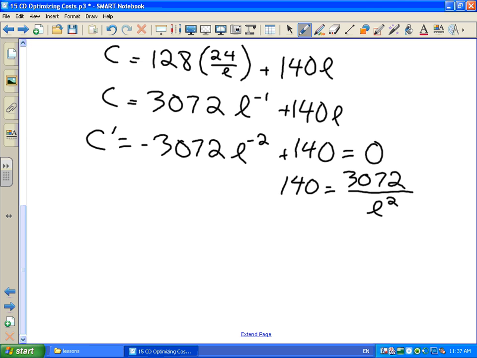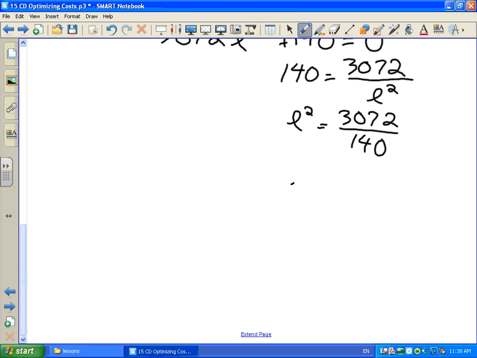And just rearranging this, that's going to get me L squared is 3072 over 140, or L is the square root of 3072 divided by 140. So this is going to give us the length here. So our length, we work this out, I think we get 4.68.